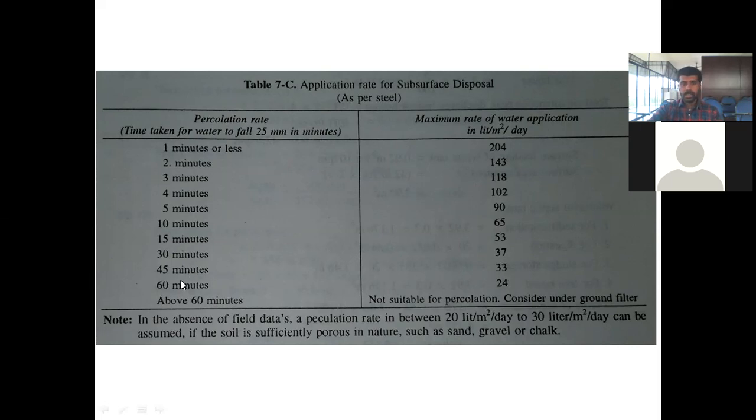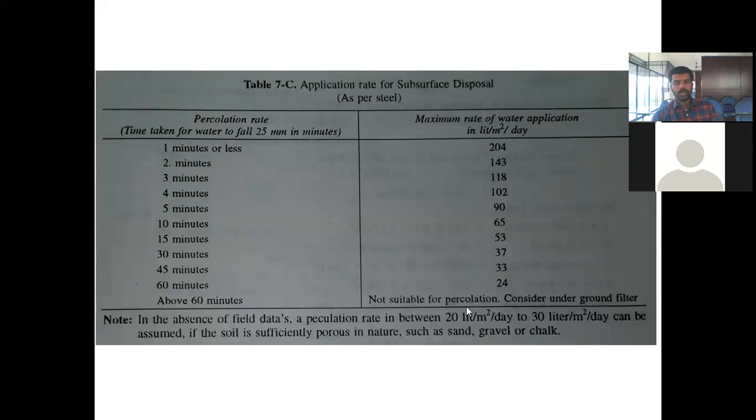It means that it takes approximately 45 to 55 minutes to percolate the water. So we are taking a rate between 20 and 30.